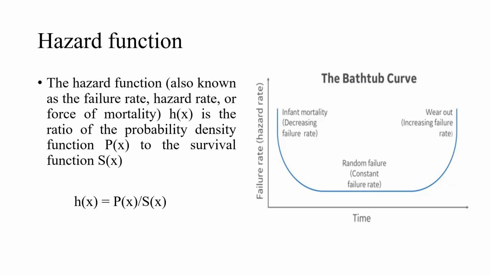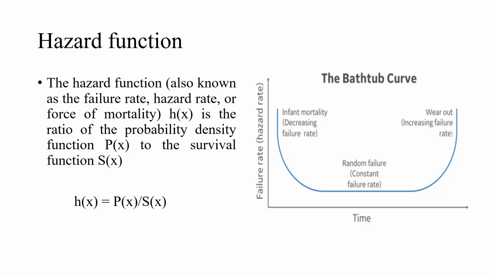I'll give you a best example. Some of you might have heard about the bathtub curve, which is related to the mortality of an individual. When the individual is an infant or in early childhood, the probability of mortality is very high.